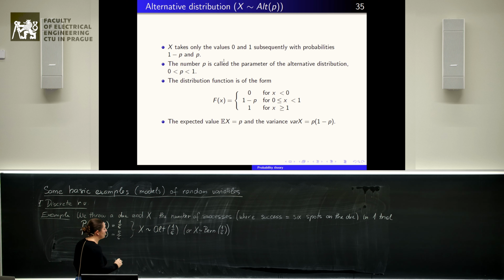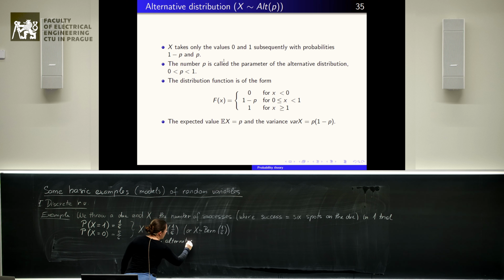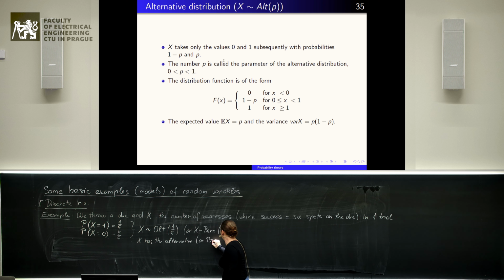Yes, so we read this formula as X has the alternative or Bernoulli distribution.